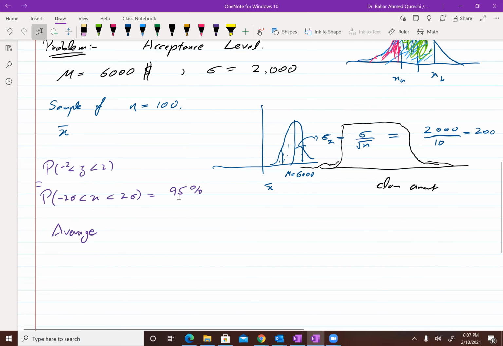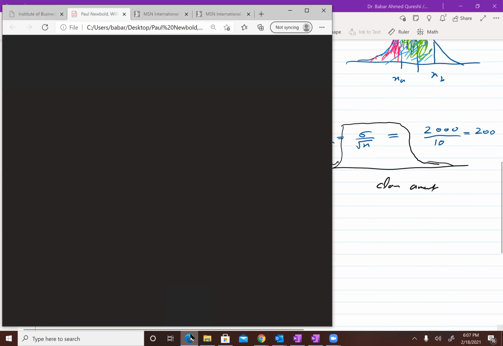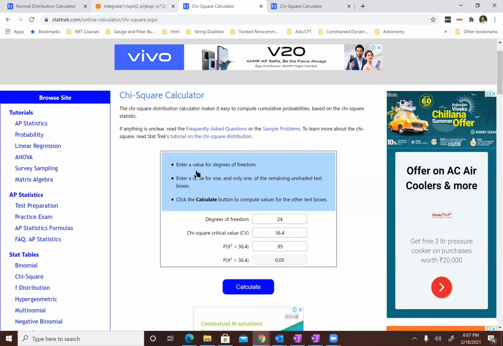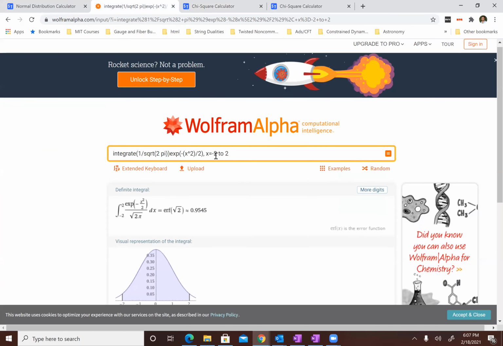So we can do it, for example. Remember, this is the integral. So I'm computing it between 2 standard deviations. It's 95%.